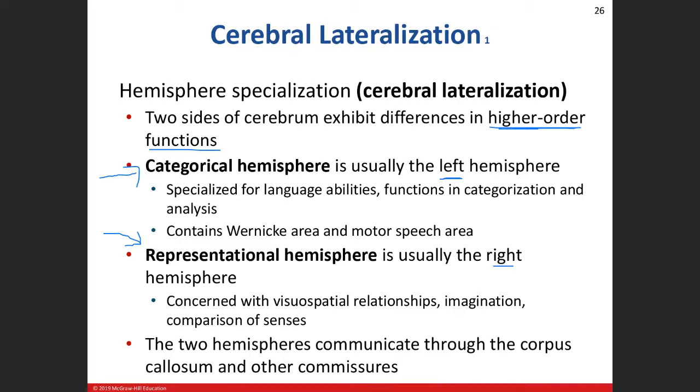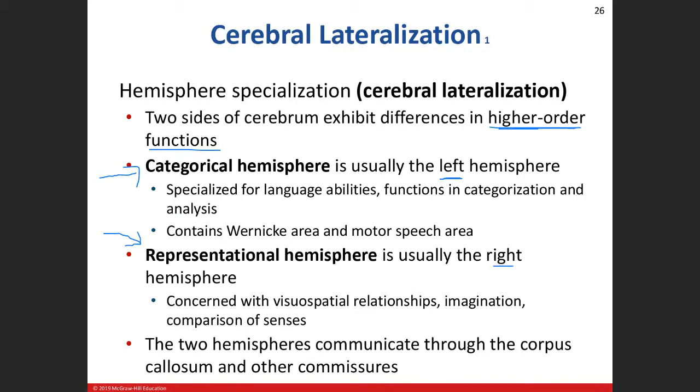So the categorical hemisphere, I always think of like the intellectual. Doesn't mean that you're an intellectual, but just more like the intellectual thought, like mathematics, word problems, analytical thinking. When we talk about language abilities, how well you're able to understand and comprehend language skills, we're going to see that under the categorical hemisphere.